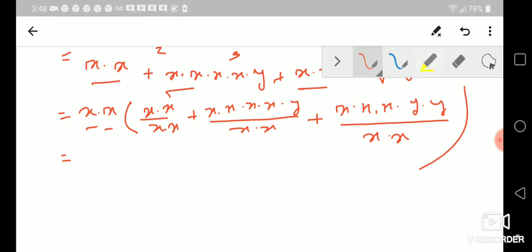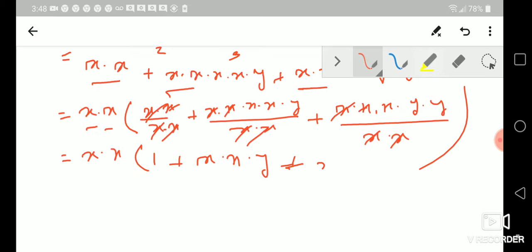So let's see what we are left with. x dot x divided by x dot x, we can cancel these, so this will be 1. Then x dot x dot x dot x dot y divided by x dot x, we can cancel, so this will be x dot x dot y. And for the last term, we can cancel and we're left with x dot y dot y.